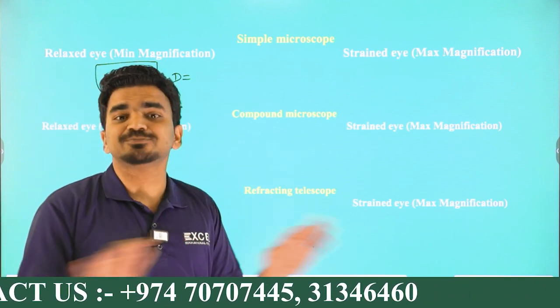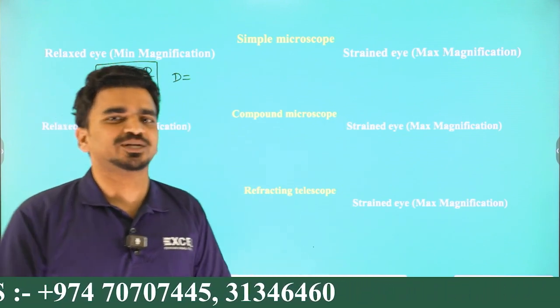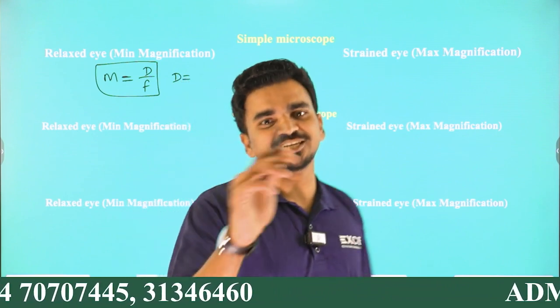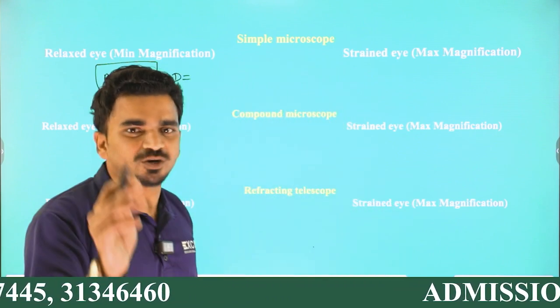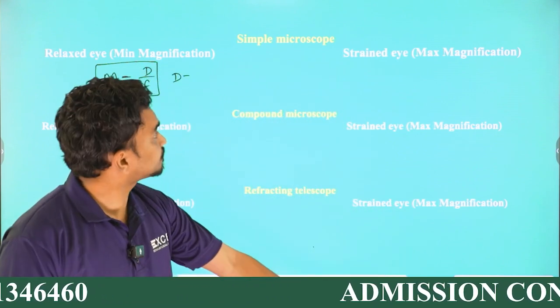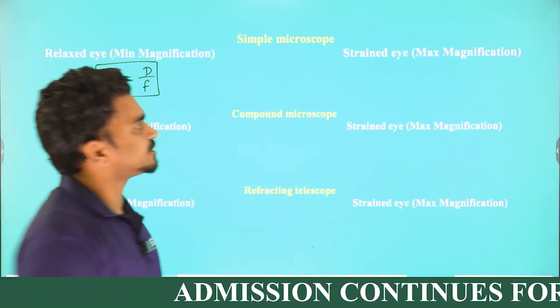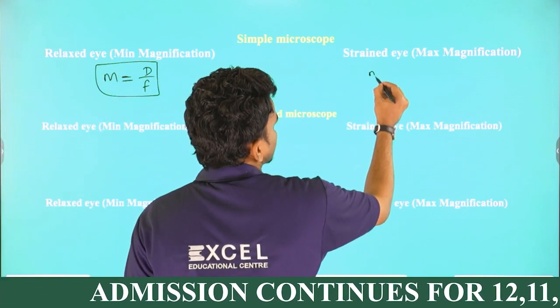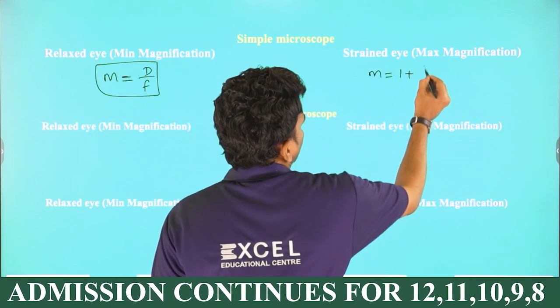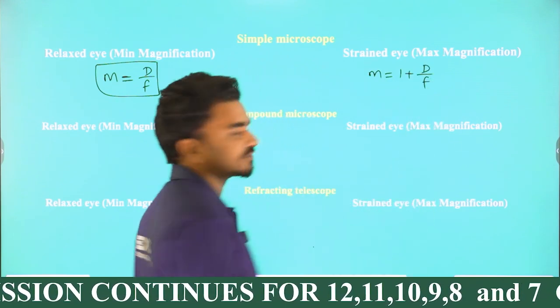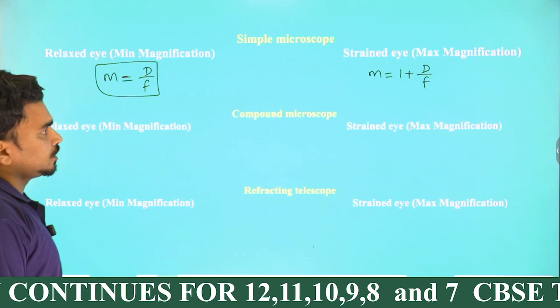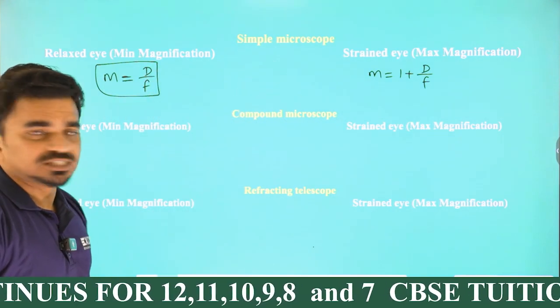If nothing is mentioned in the question, by default take D as 25 centimeter, the normal near point. Then for the strained eye case, that's the maximum magnification, you can use the formula 1 plus D by F, where F is the focal length. Remember that point in the simple microscope.